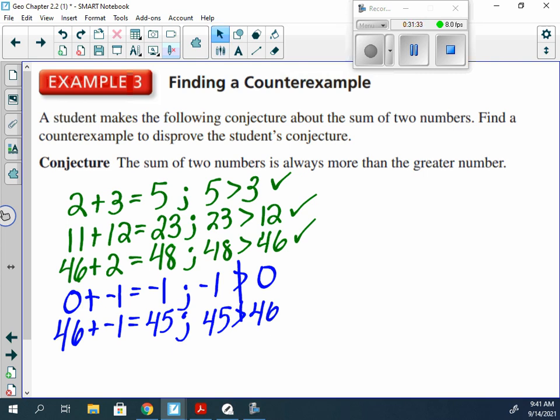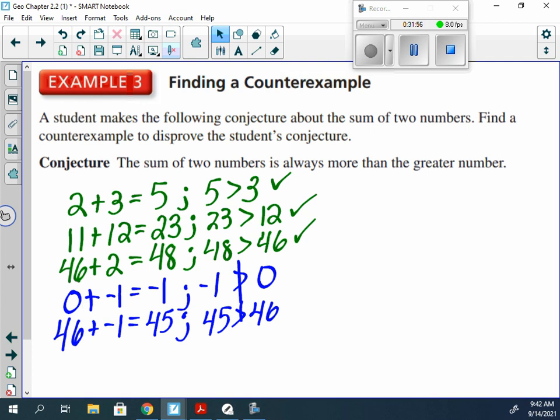So really, 0 would have been a big key, because 0 would have worked with any of them. Because 0 plus 1 is 1. 1's not greater than 1, because it'd give us the number itself. So really, if we wanted to make this a true conjecture, we wouldn't say the sum of two numbers.